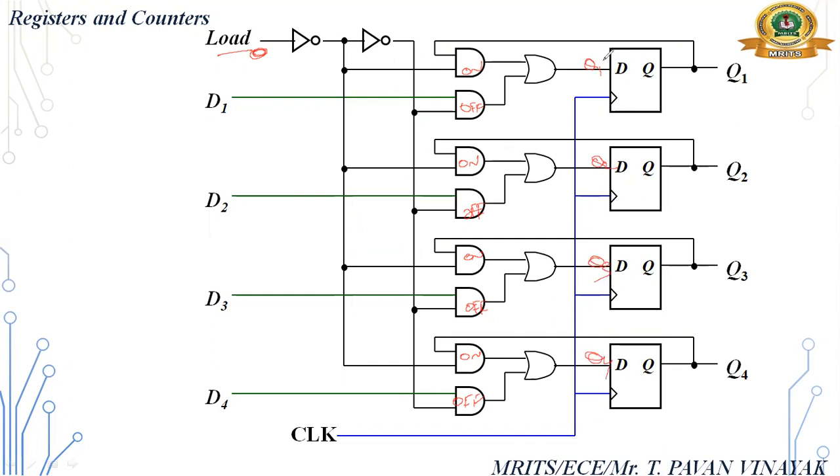Whenever load is 1, this is off, this is on, off, on, off, on, off, on. So what is the output? Here we get D1, D2, D3, D4. So it acts as loading data. So this is the working of parallel load.